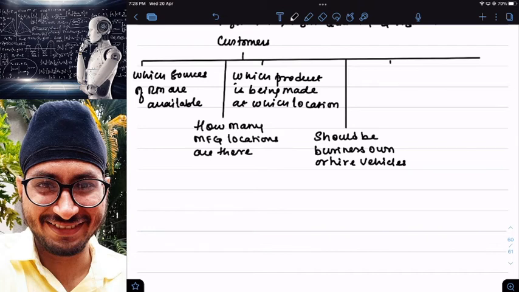Then the method to be used to deploy inventory into the logistics network.